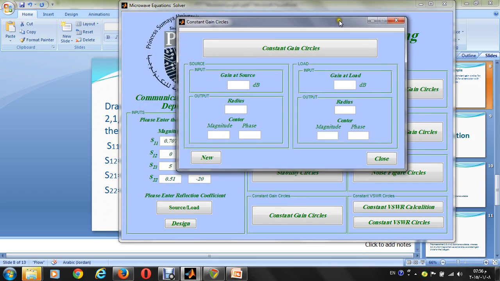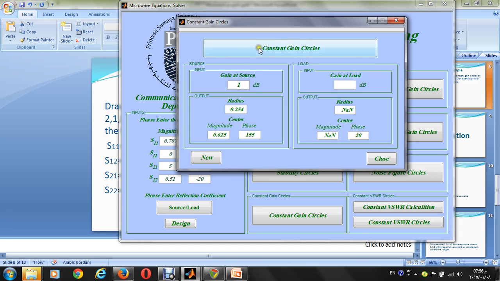Now the gain at the source, I want 2, so I put 2. I click on constant gain circles. We find out that the radius is 0.254 and the magnitude is 0.625. These are the radius and the distance of the circle of the 2 dB gain that I will draw on the same phase line I drew before, which is 155.